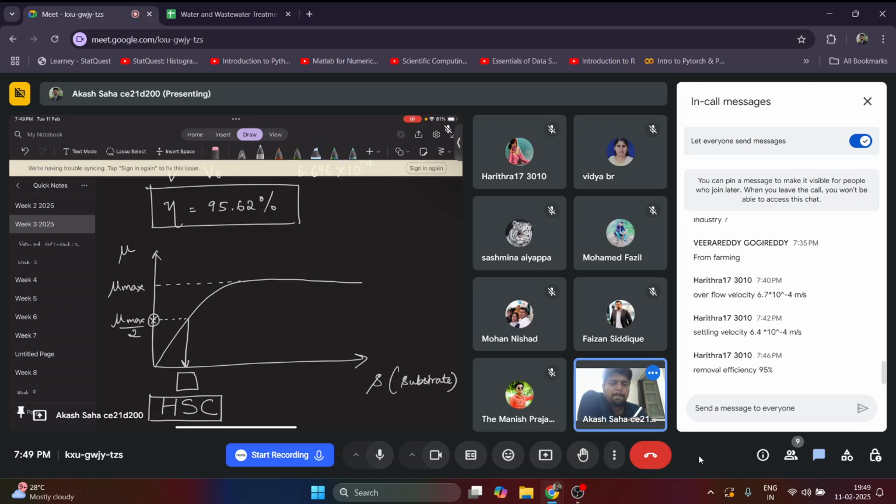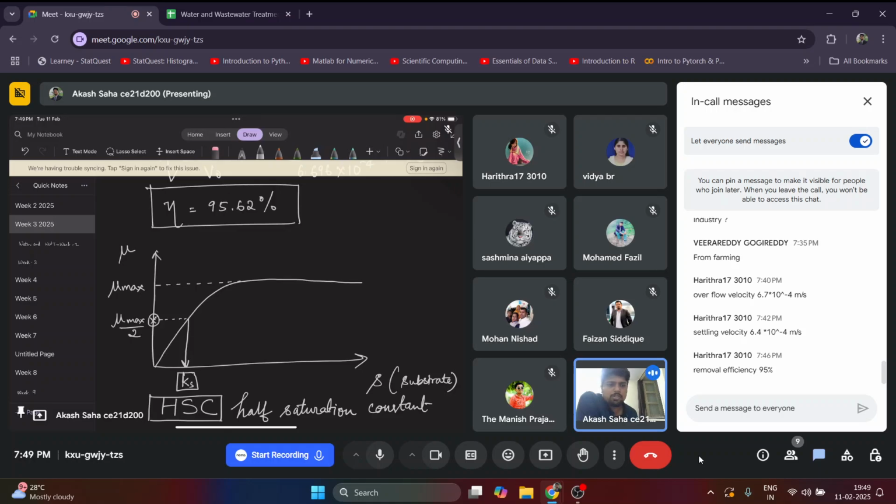No idea? It is called the half saturation constant, and it is denoted by Ks.